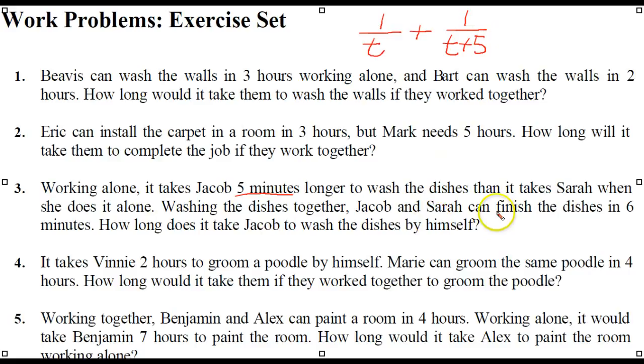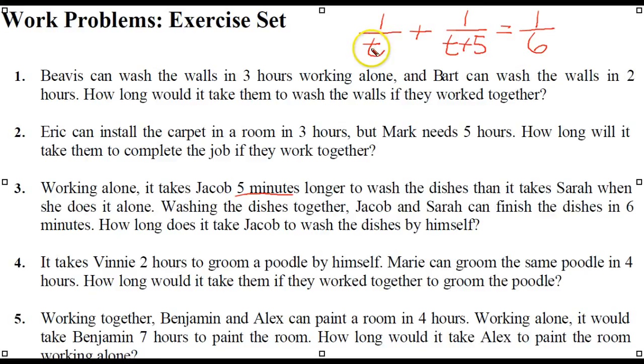And they're saying if they work together, though, they can do it in 6 minutes. So this one's a little different. So here we know the working together rate is 6 minutes.